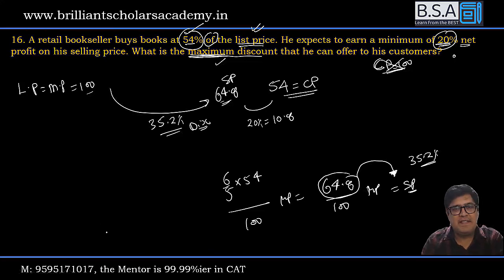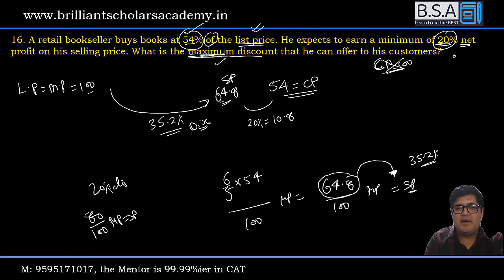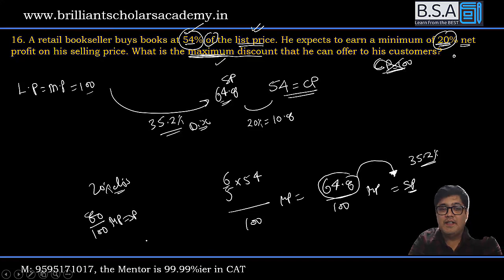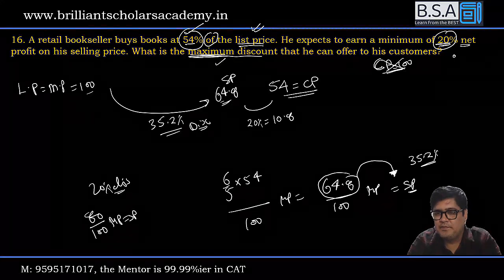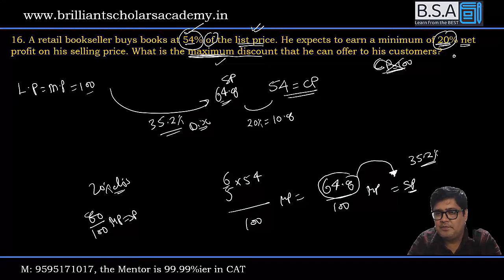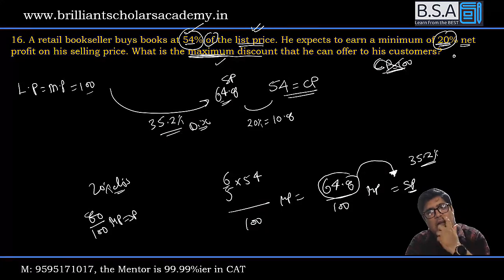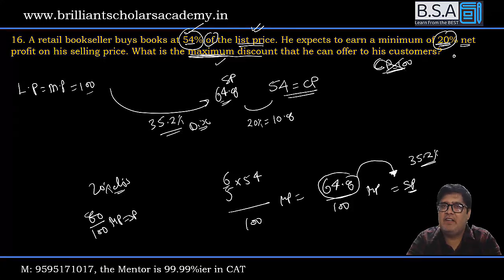When you say 20% discount is given, what do you calculate? You calculate this. When you say 20% discount has been given, डिस्काउंट पूछ रहा है बेटा आपसे. In your calculation, the discount would be 176 by 500 into 100.